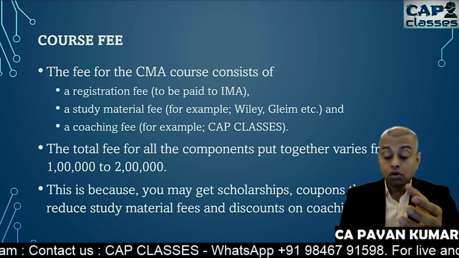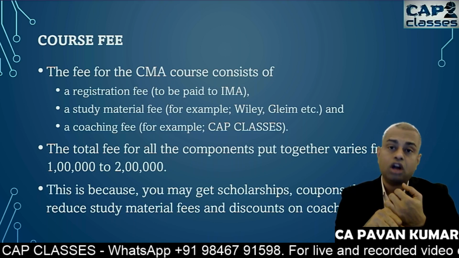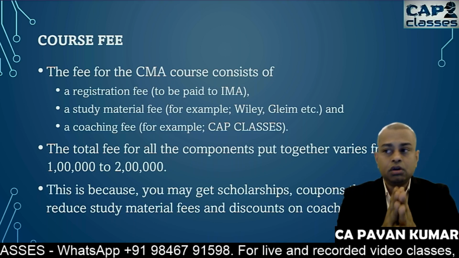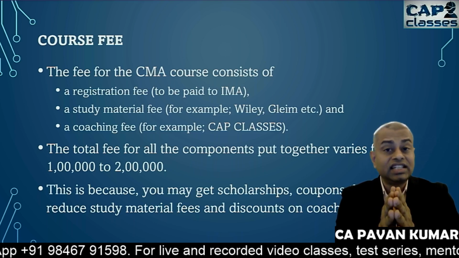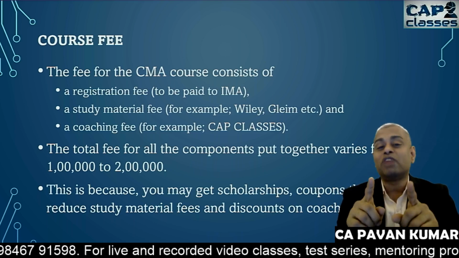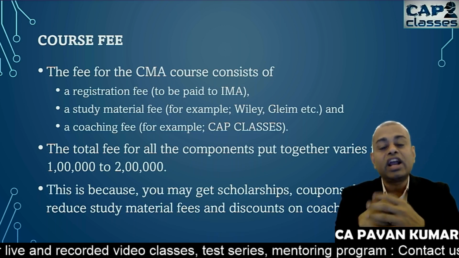So here study material cost is high. You need to pay in dollars. In Indian currency, you have to spend 60,000-70,000 possibly. But don't worry, there are so many coupon codes, discounts and combos.